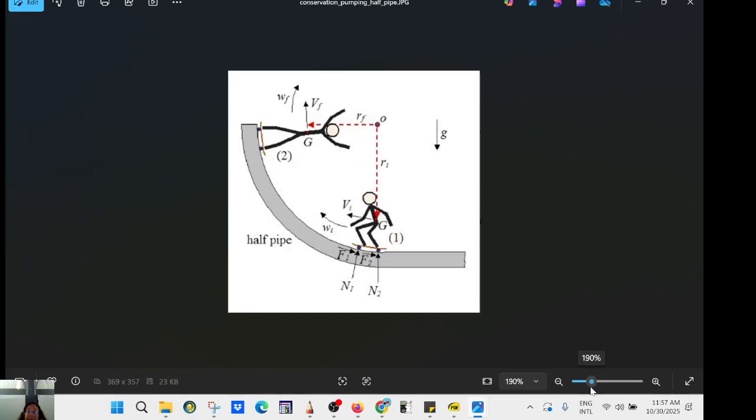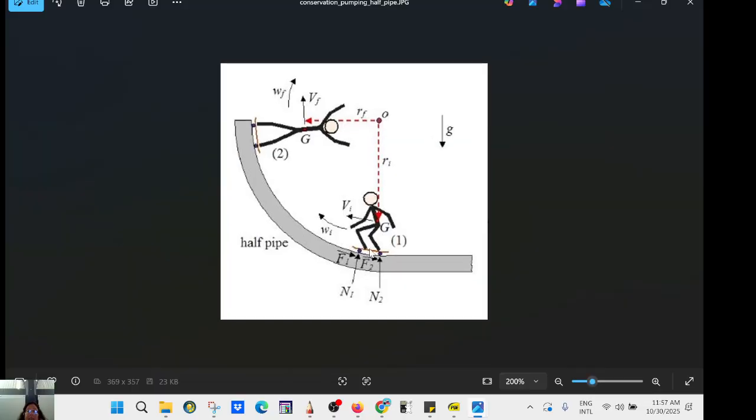Okay, so an example will be that thing here, like skateboarding. Let's say you start with some kinetic energy, you pump. Pumping meaning you are doing some work over a distance. So you're going to add to the initial kinetic energy, and you end up with some kinetic and some potential.